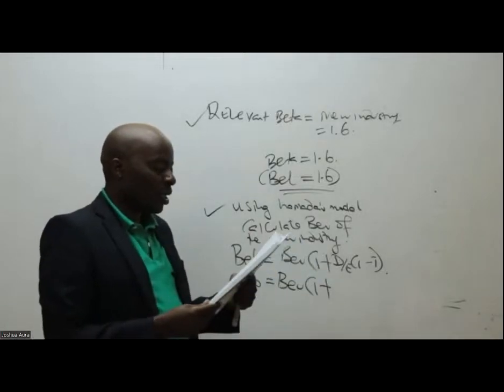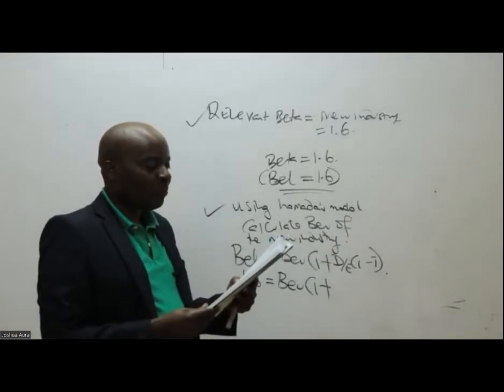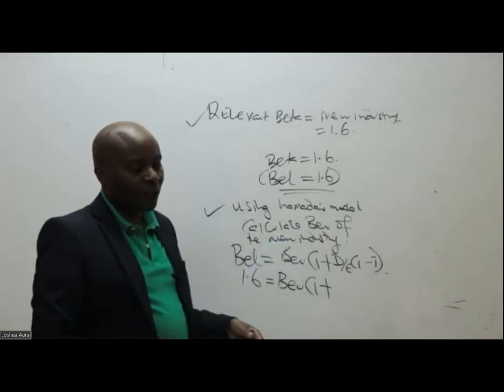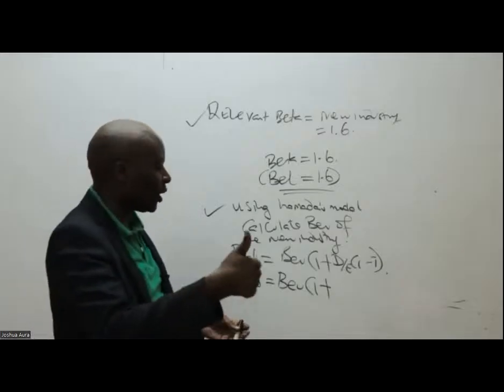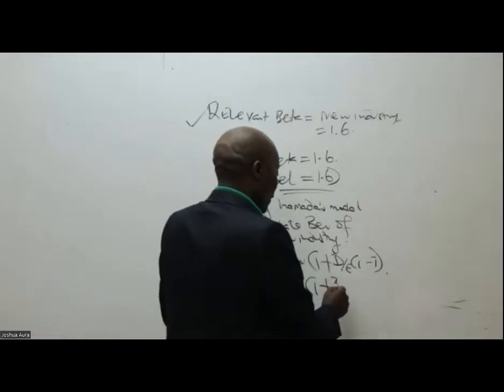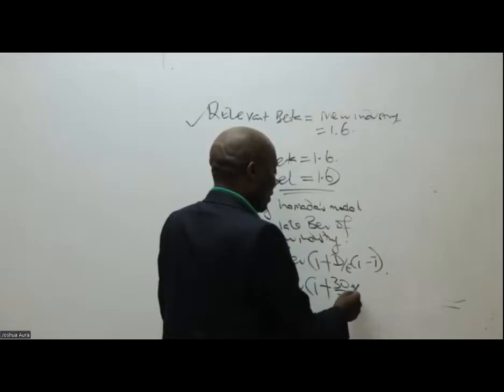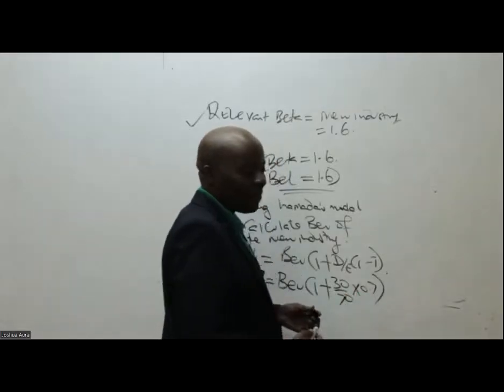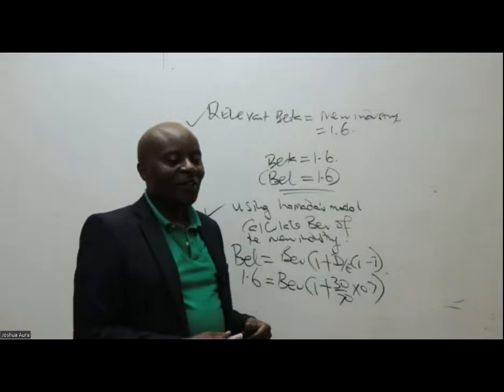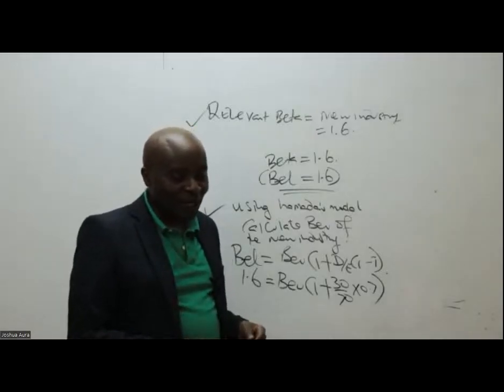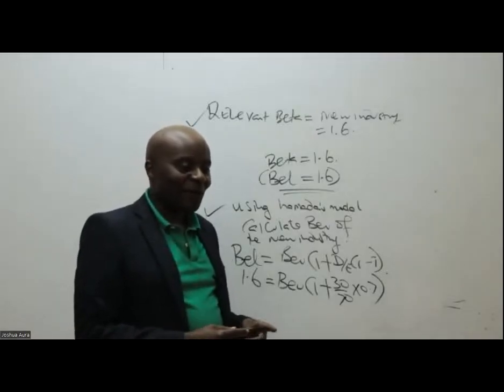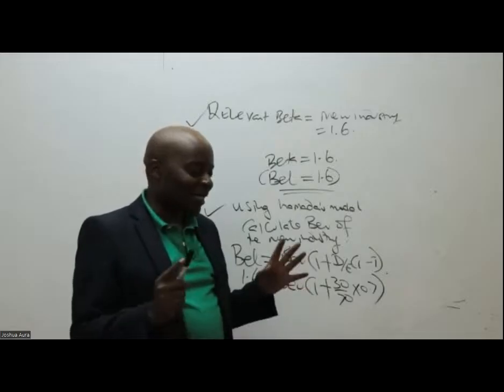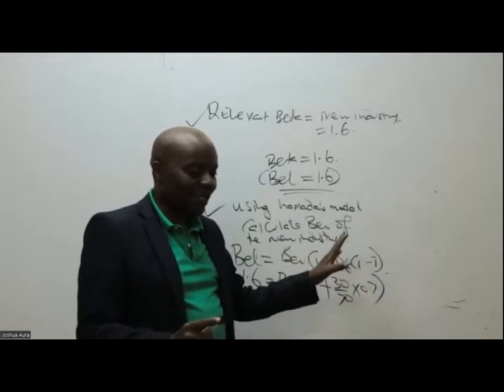The electronics industry, debt is 30%, equity is 70%. So 30 over 70 into 0.7, that is 1 minus tax of 30%.